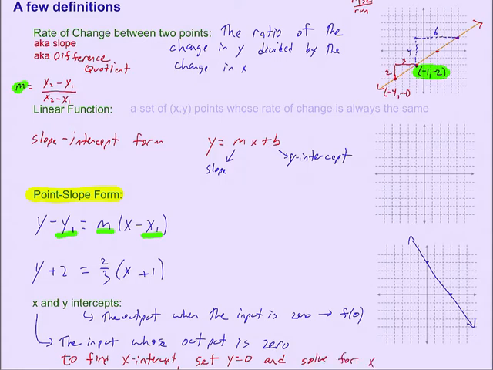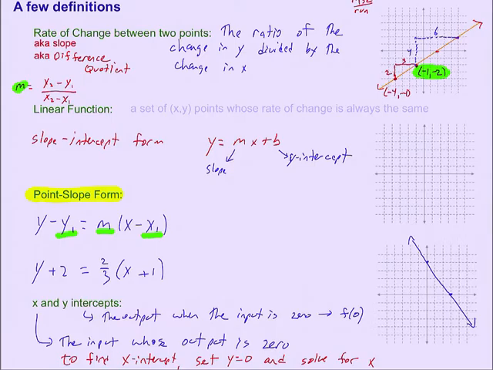Which is an awful lot like what we would do to find the y-intercept. I've already told you that, though, because I called it f of 0, which we spoke about last class. f of 0 means finding the output when the input is 0. In other words, make x equal to 0 and find out what y is.